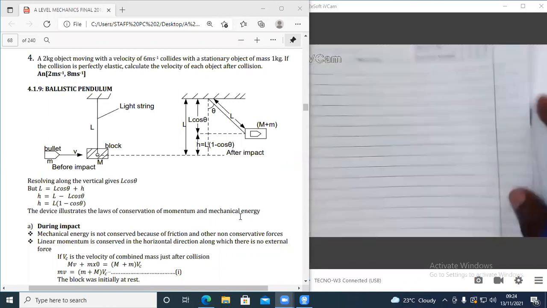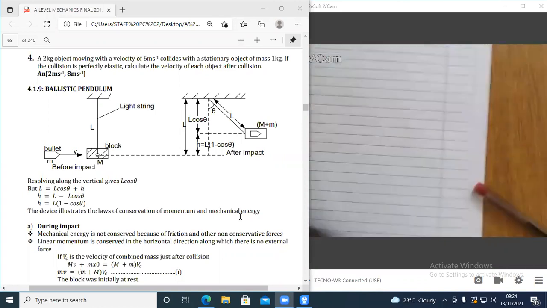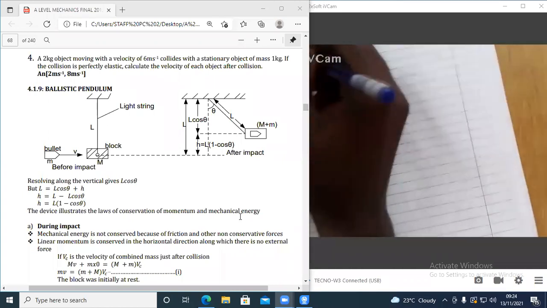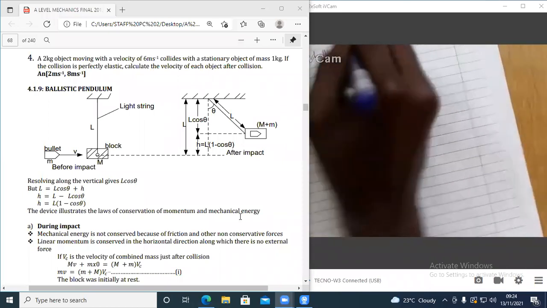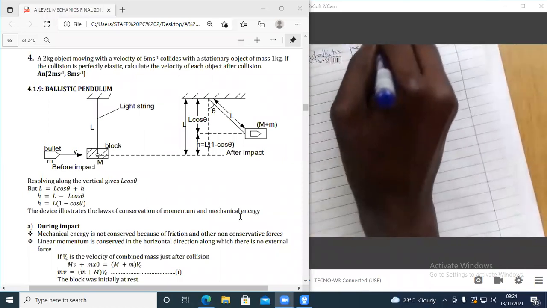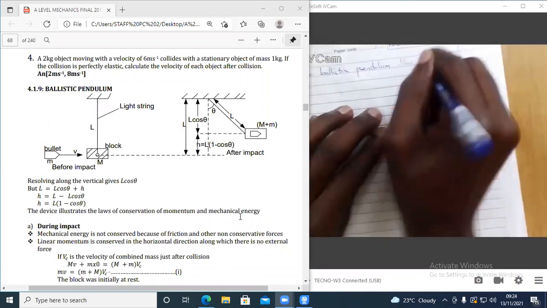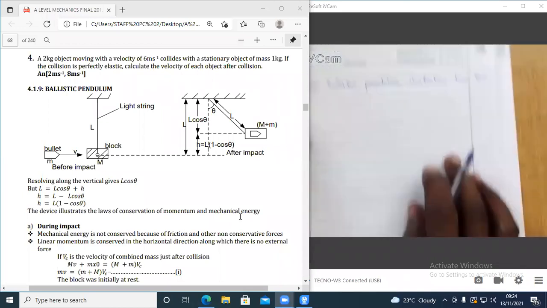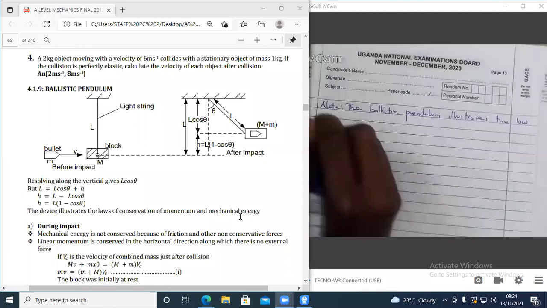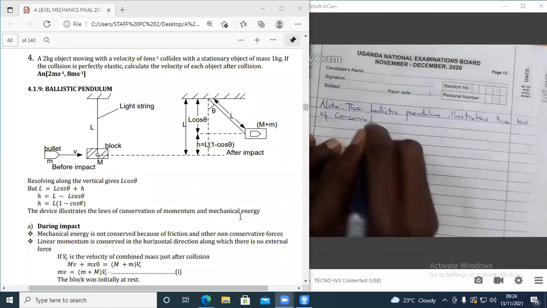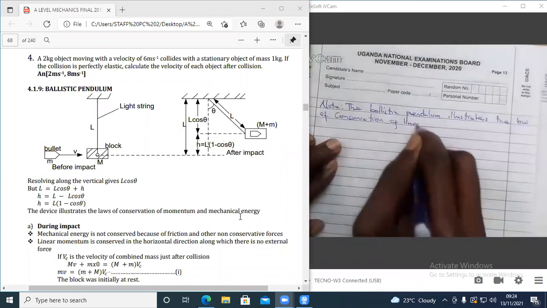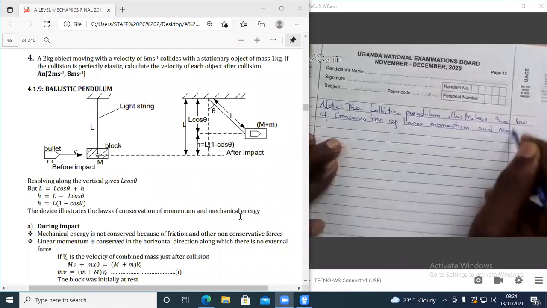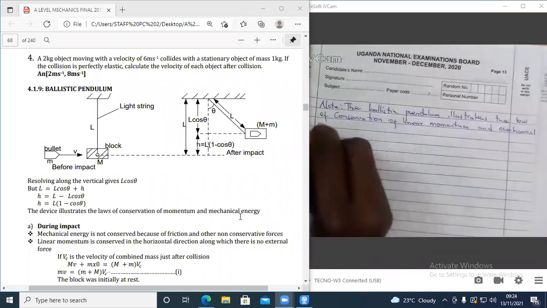So write note: the ballistic pendulum illustrates the law of conservation of linear momentum and mechanical energy.